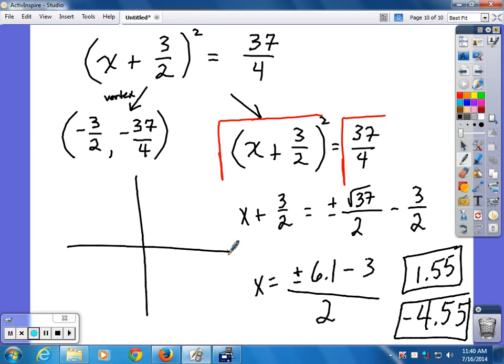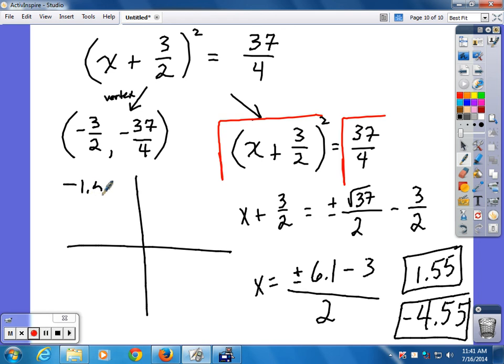Negative. All right, so negative 3/2 is negative what?